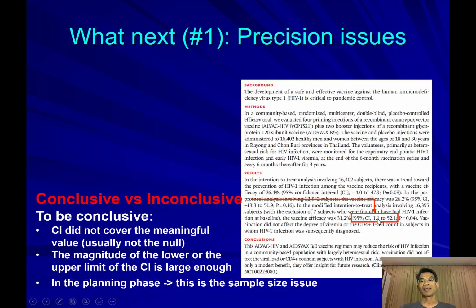So the maximum or upper limit, I don't care, because if the minimum is at least 10%, I will be happy to receive it. That means we have a meaningful value of 10%, for example. So there are many criteria about this, or what should be the meaningful level.